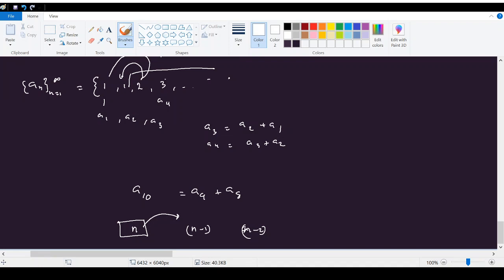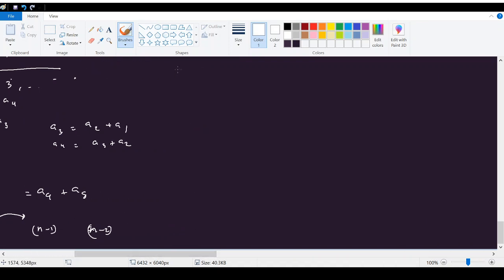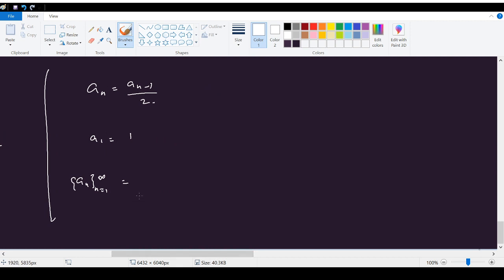We might not need 2 values. Say we have defined the relationship like this, a n minus 1 divided by 2, right? And if we have defined a1 as 1, then our sequence will be a1, a2, a3, a4, a5, likewise.